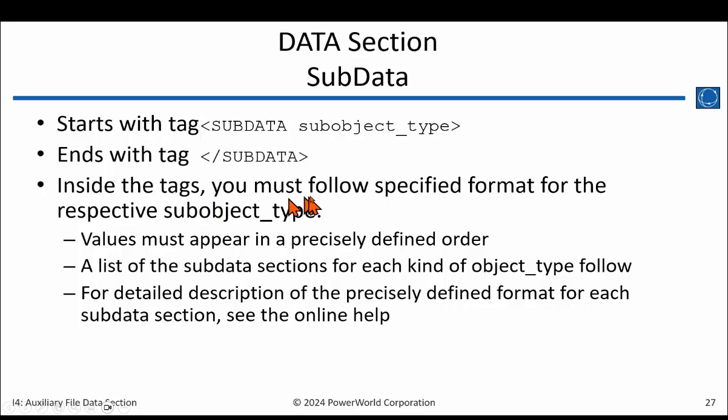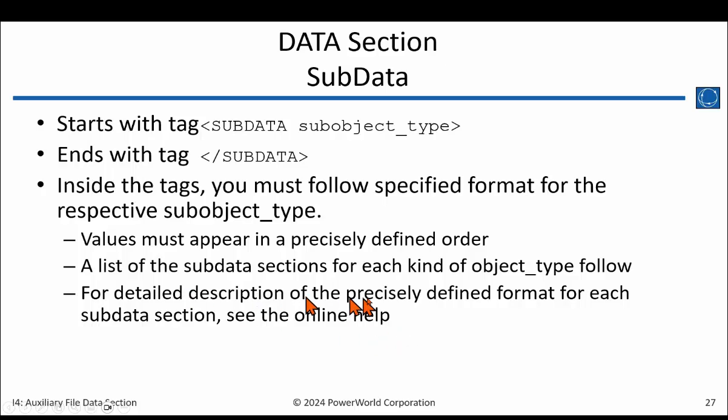And then also there's no list of fields that occur in the SUBDATA. It always has to follow a specific order. The best way to see what that order should be is just to send data out from the Model Explorer for an object that uses SUBDATA, and then go in and look and see what the format is. And then if you want to create something similar, you just have to follow the same format for the examples that you build.